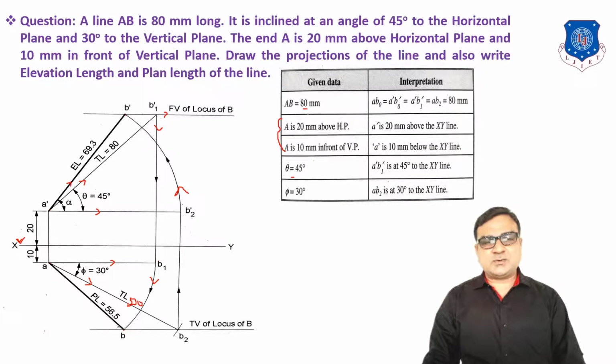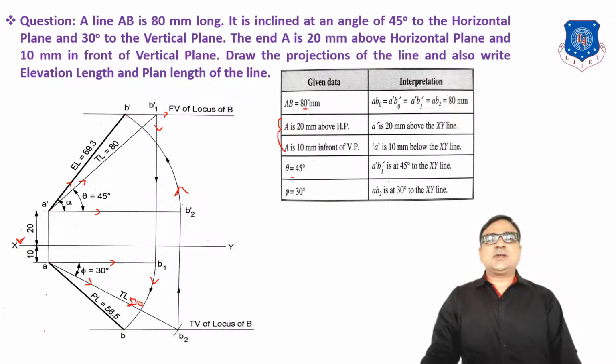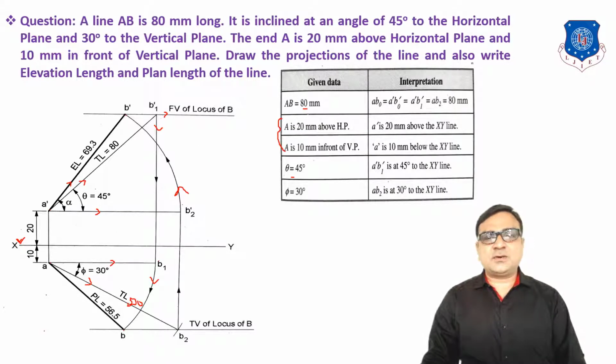So join small a b, which is the plan, and A dash B dash is the front view. Always keep in mind that A dash A and B dash B are each a single vertical line, and these two vertical lines are always parallel to each other. So in this question, we have to find the elevation length and plan length.